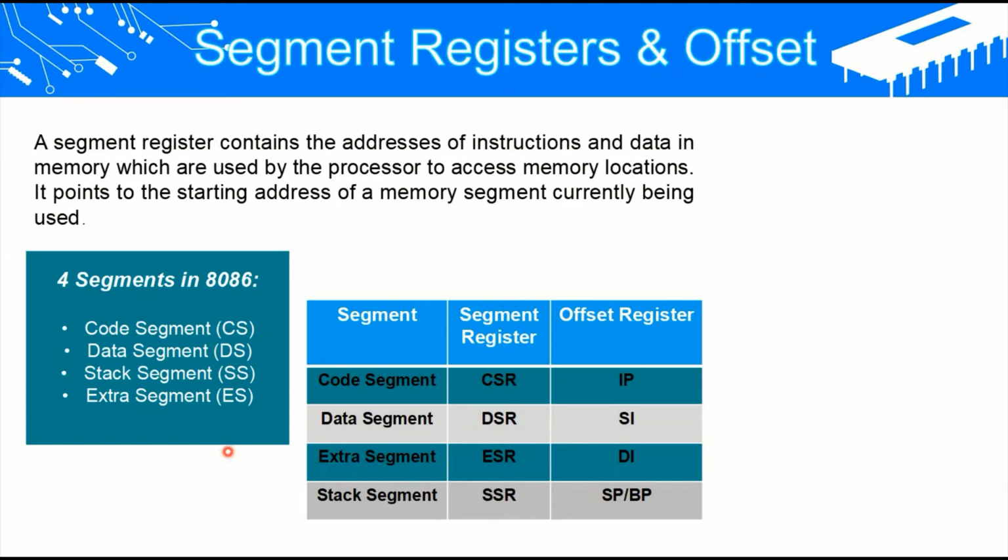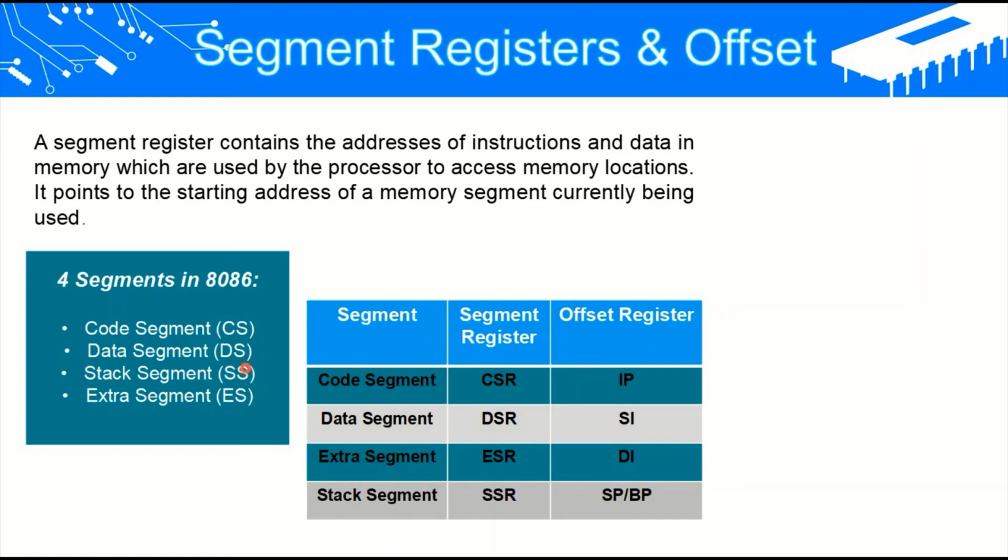Talking about the code segment, it holds the instruction code of the program and its offset register is the instruction pointer. In the data segment, the data variables and constants given in programs are held in the data segment of memory and its offset is relative to source index. The stack segment holds addresses and data of the subroutine.